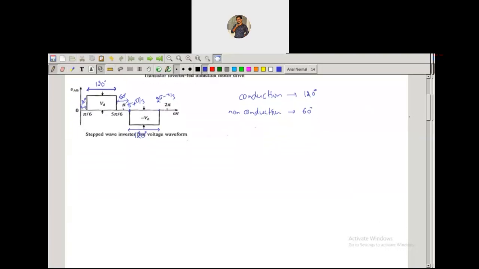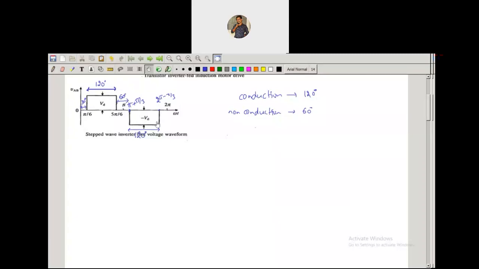Okay. So for this type of stepped waveform, we are going to get the equation. What is the function? The function is VAB, and the DC value is VD, the negative value is minus VD, and the time period is 2 pi.